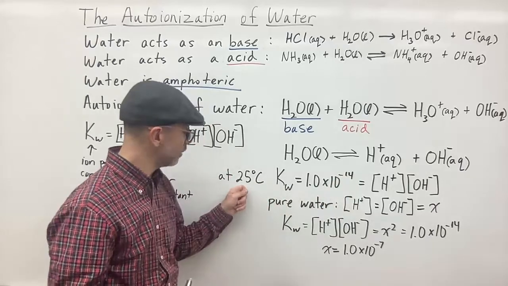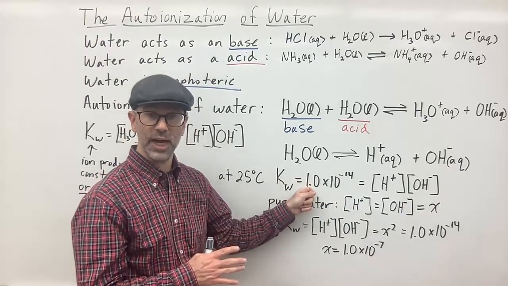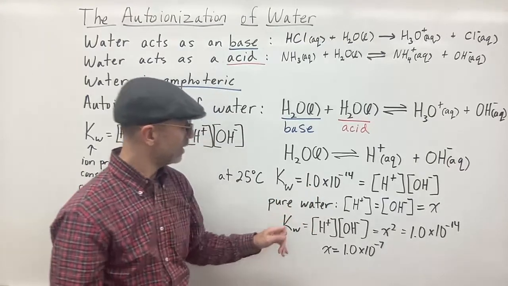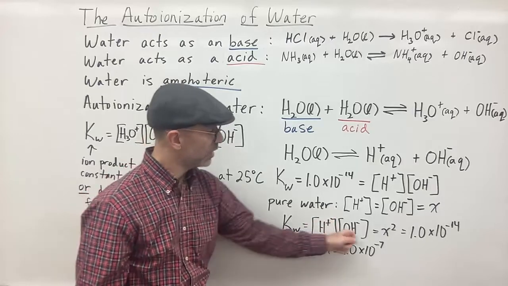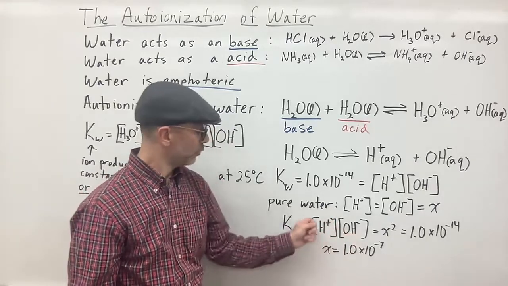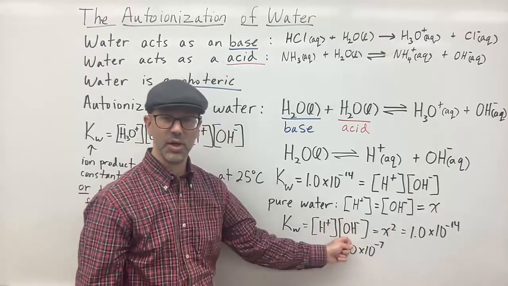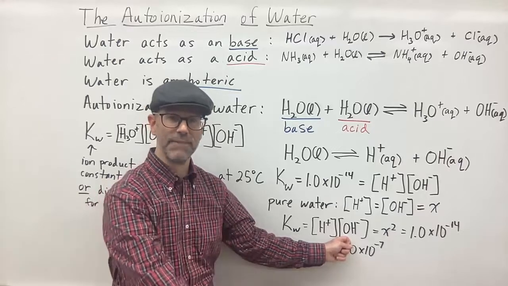So at this temperature, this is constant. So it's always going to be 1.0 times 10 to the negative 14. So if we understand that, then if we change one, the other changes in the opposite direction. If we increase the H plus concentration, then the OH minus concentration has to decrease by the same factor.